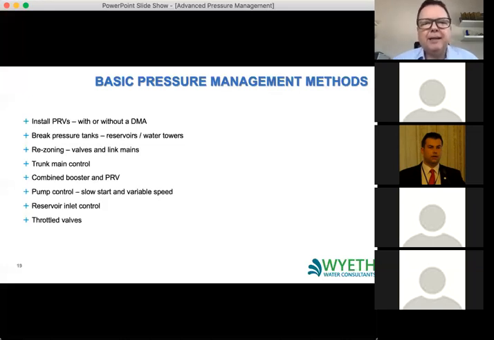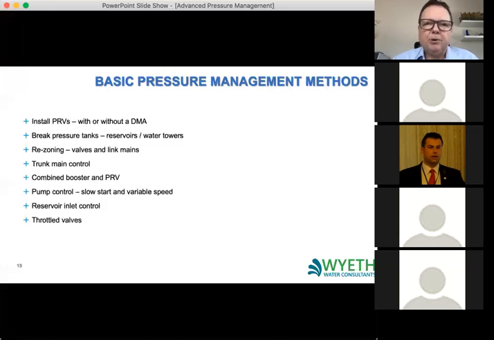So it creates a throttle where a head loss is created, which means at high demand, during peak demand, you're going to get high head loss. And at night, when you have low demand, you're going to have no head loss. So the only time it drops pressure is actually during peak demand, which is when you actually want higher pressure.